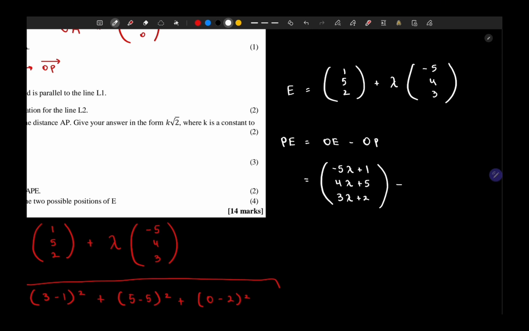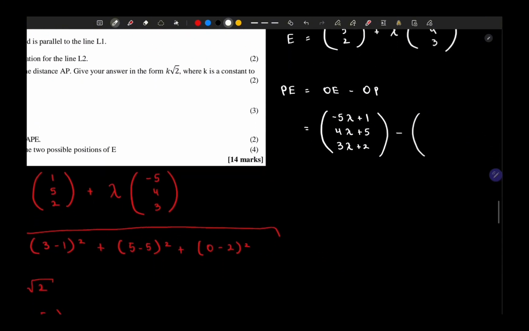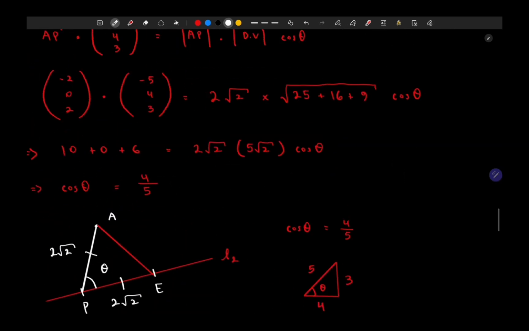This is the OE vector minus the OP vector. The OP vector is (1, 5, 2). So this is equal to (minus 5 lambda, 4 lambda, 3 lambda). So this is the PE vector.